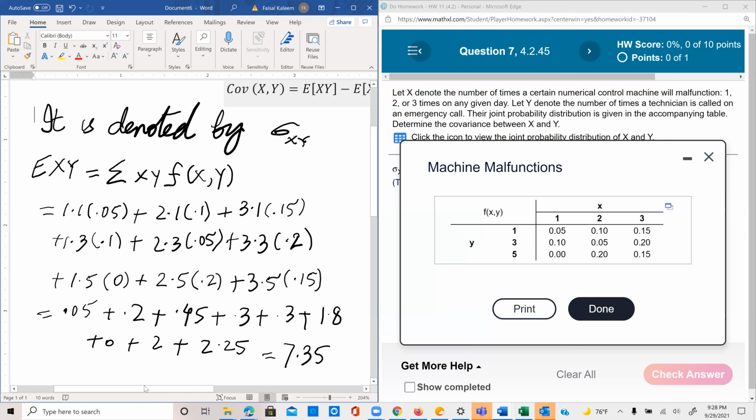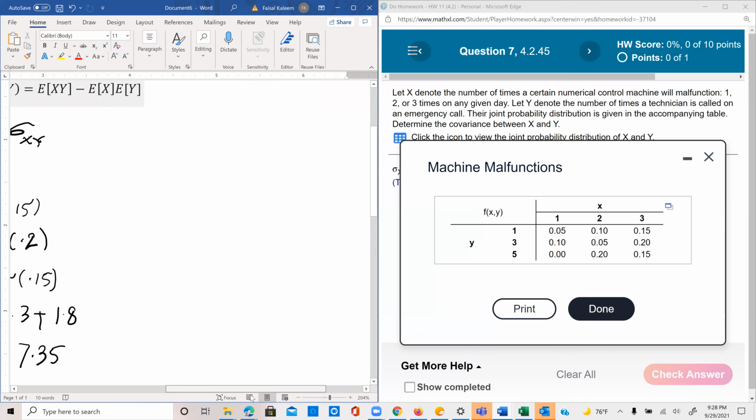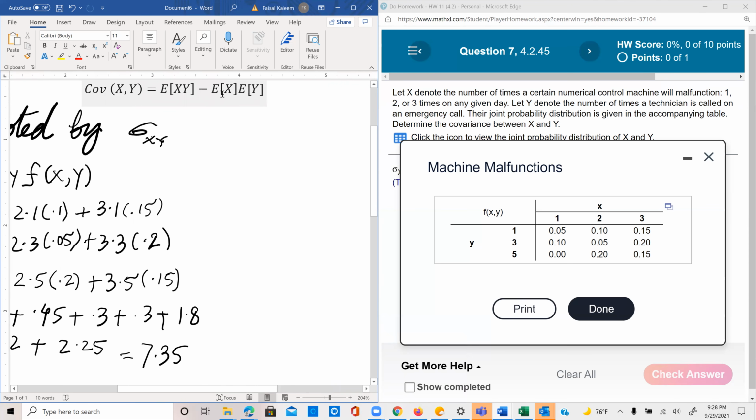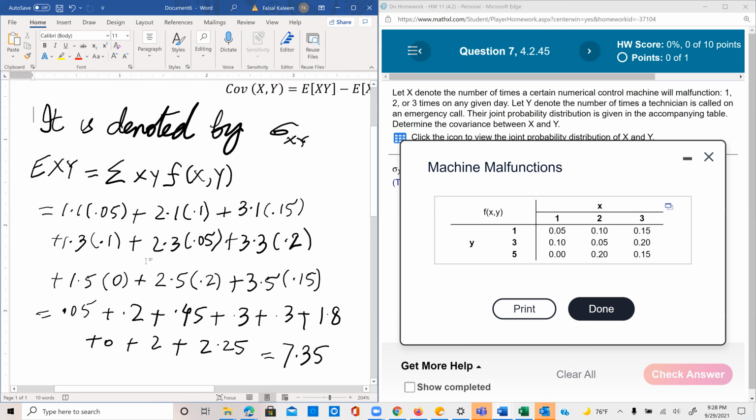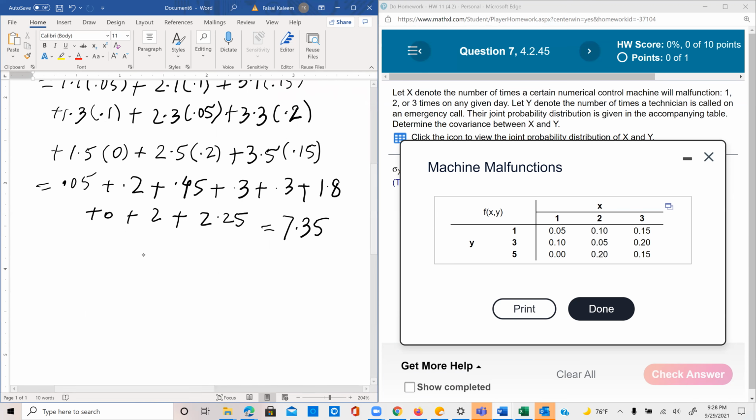And then in the formula, besides E of xy, I need the E of x and the E of y. So let's find those. So E of x is the summation of x against the marginal distribution of x.